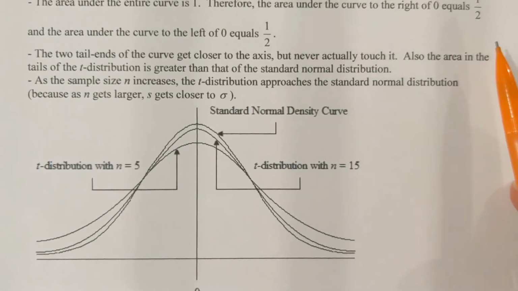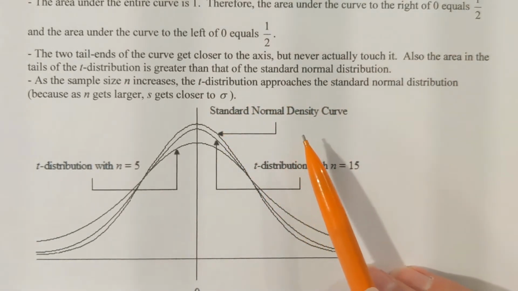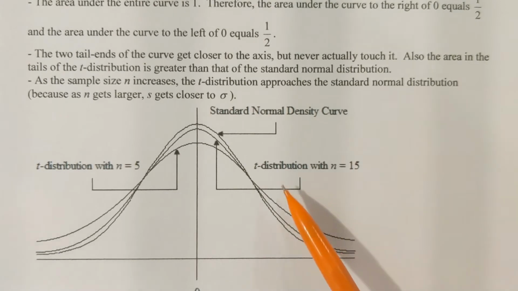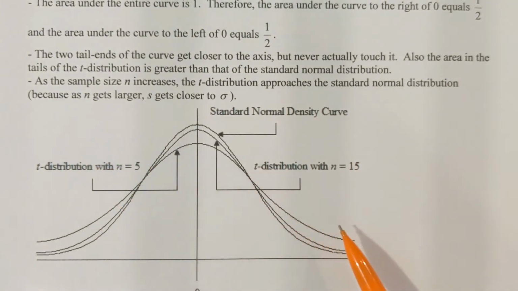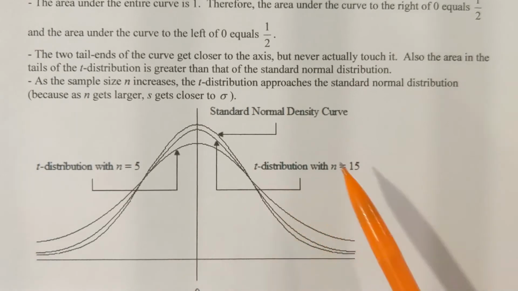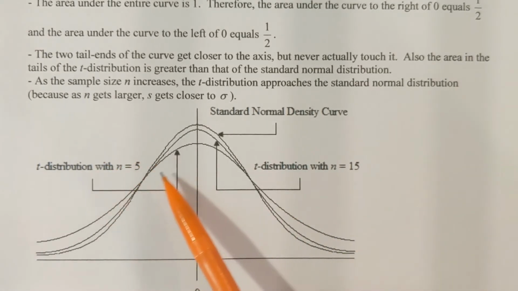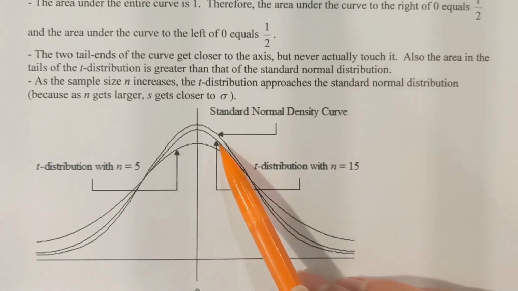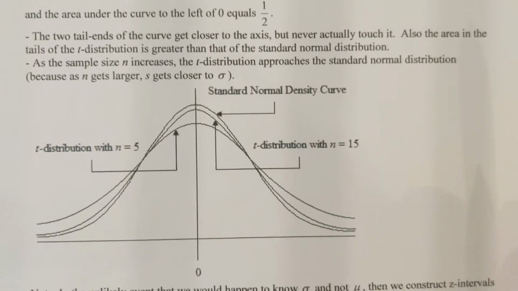Also, the area in the tails of the t-distribution is going to be greater than that of the standard normal distribution. Okay, this is because now I've got some curves drawn here, and here's where t is the t-distribution when n is 5, the t-distribution when n is 15, and then you got the standard normal density curve.